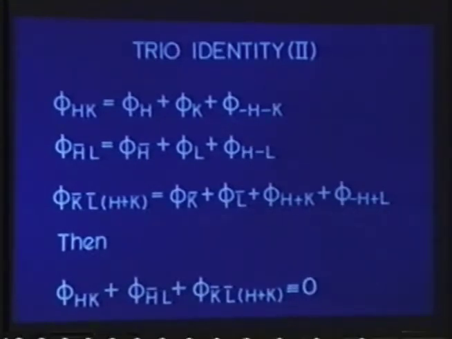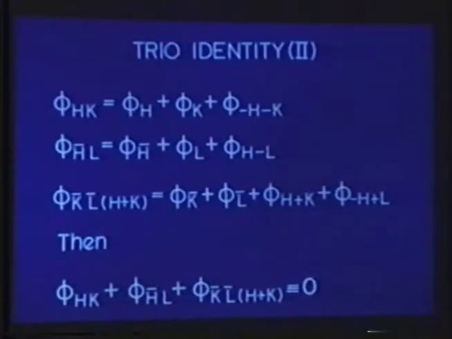Two triplets and a quartet also satisfy an identity of this kind, and for exactly the same reason as I showed on the previous two slides, the cancellation of phi h with phi minus h, phi k with phi minus k, and so on. So here we have another trio relationship, an identity among structure invariants which must of necessity be fulfilled.